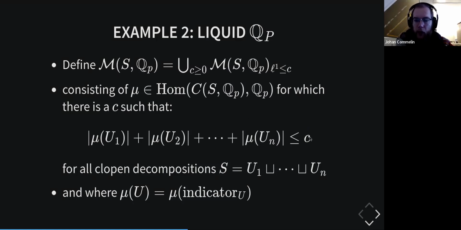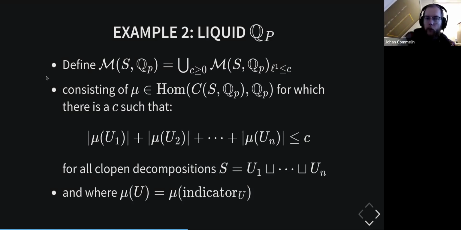And the bound should be independent of the decomposition of S into Clopen subsets. Whenever that happens, we say that mu is a p-adically valued measure on S, and it belongs to this subset of measures.